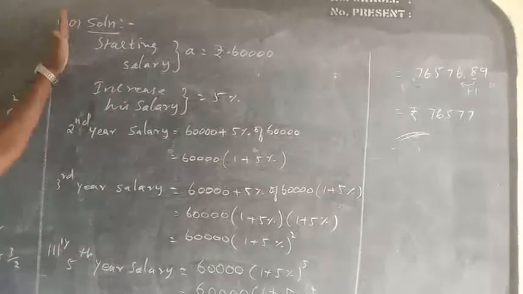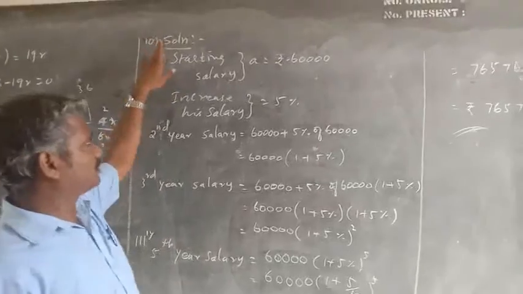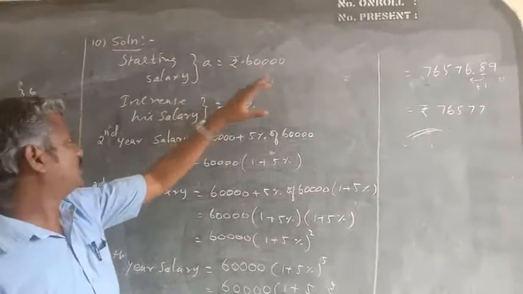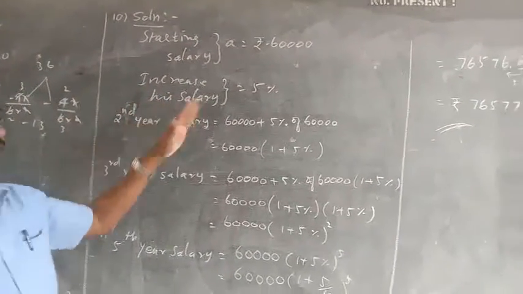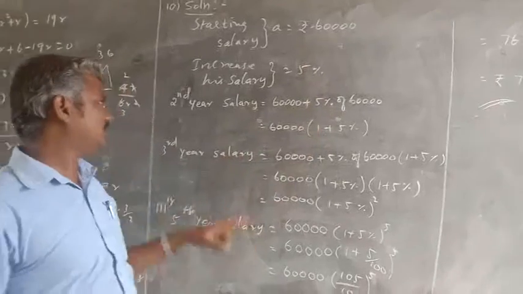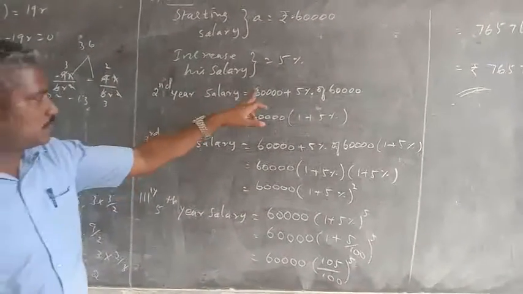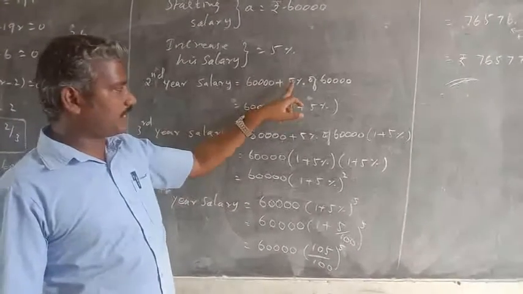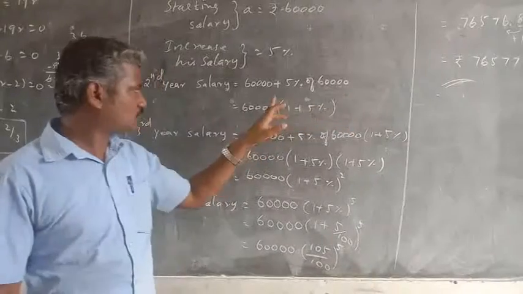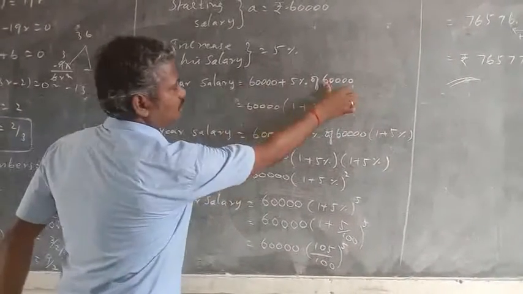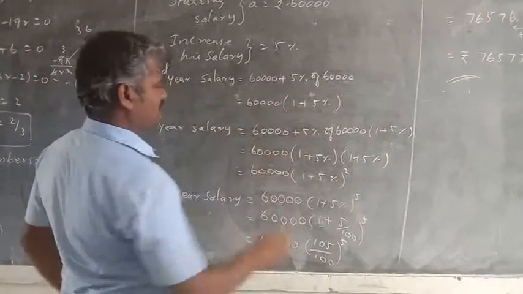Okay, take the sum. The starting salary is 60,000, and he increases his salary by 5 percent. So the second year salary is 60,000 plus 5% of 60,000. 60,000 is common, so 1 plus 5%.